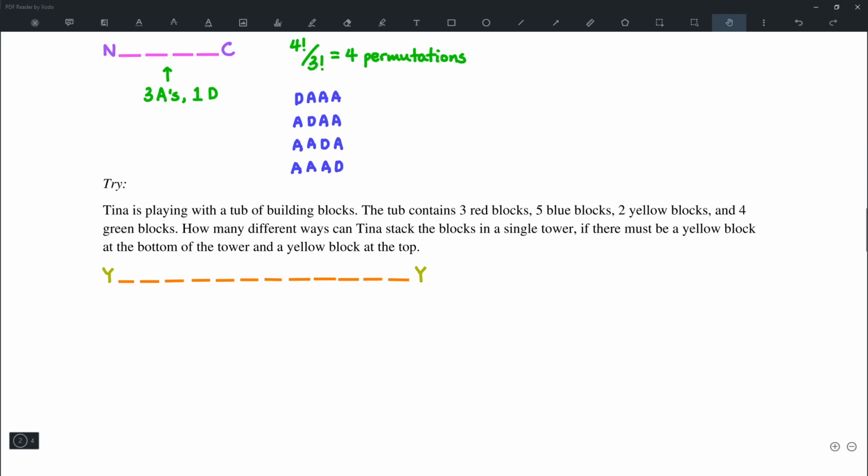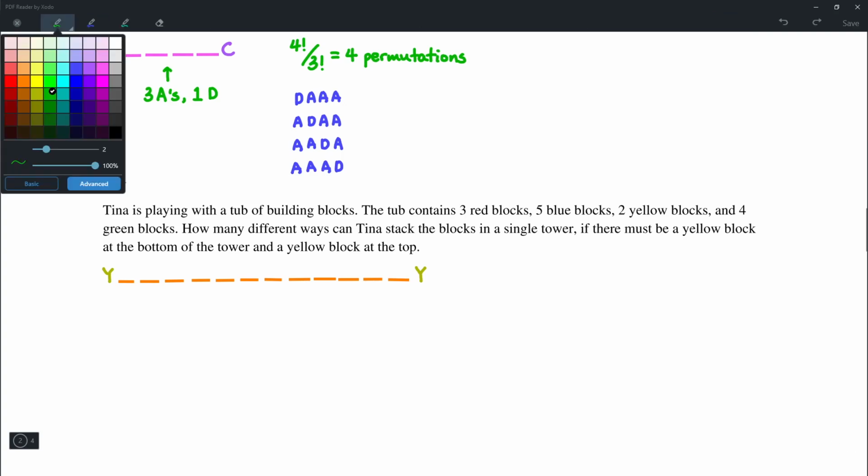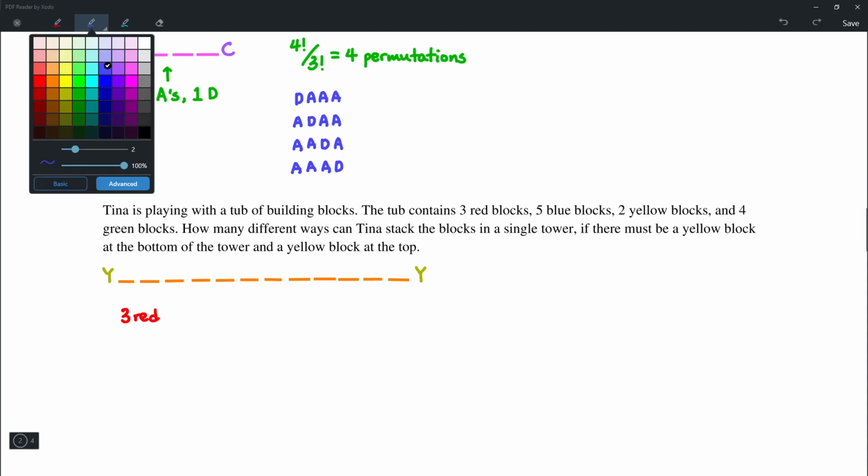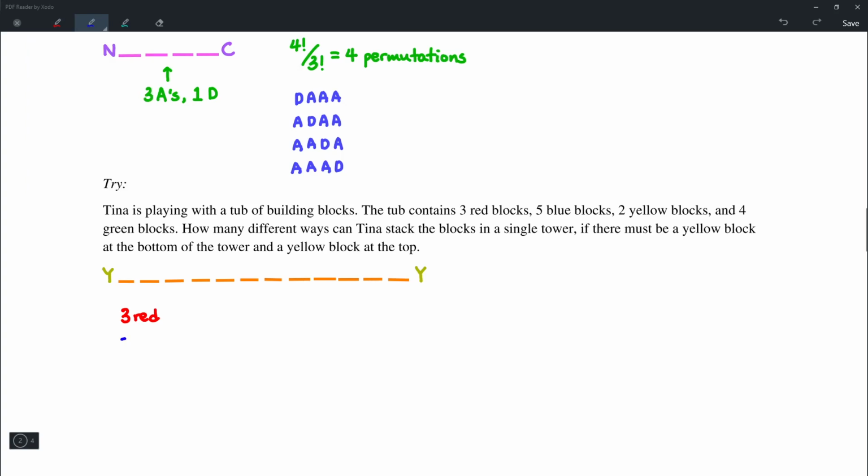Next one is very similar. So we have 3 red blocks, 5 blue blocks, 2 yellow blocks, and 4 green blocks. Now the first and last block must be yellow, so we only have the 3 red, the 5 blue, and the 4 green left over.